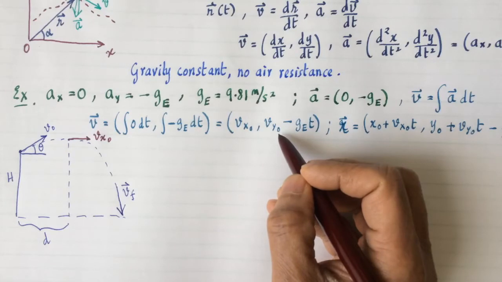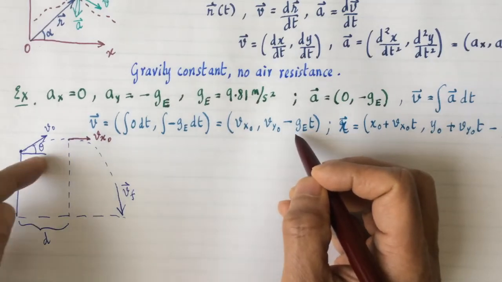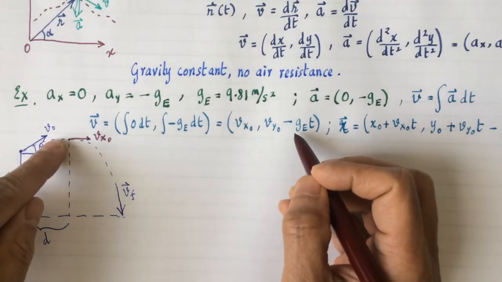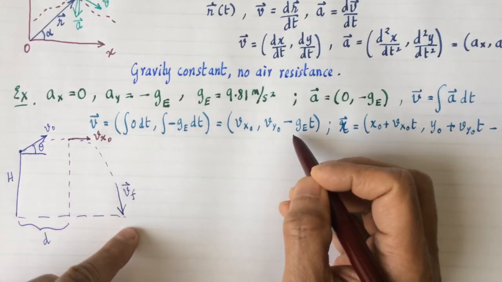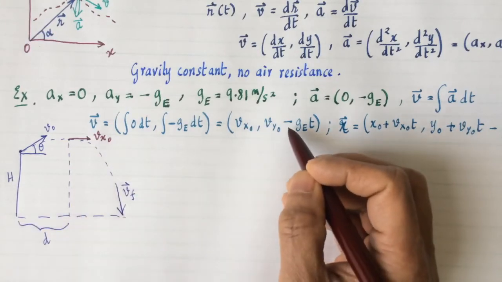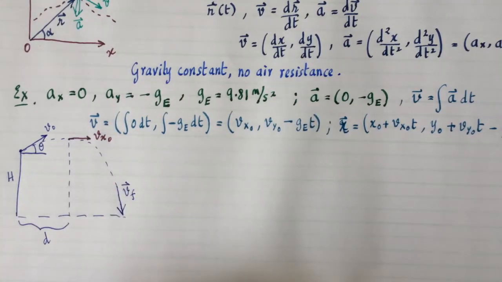Only the y component changes with time. In other words, it keeps decreasing. It decreases all the way to 0. That's when it reaches the highest point, and from 0 it starts building up in the negative direction because of the minus sign. So the y component changes, but the x component remains the same.